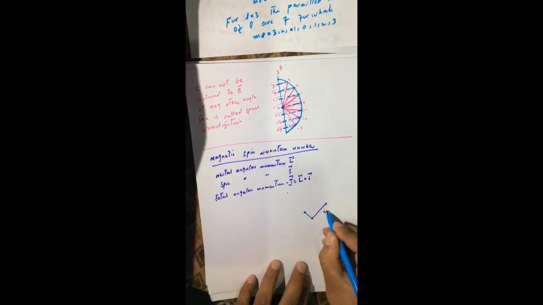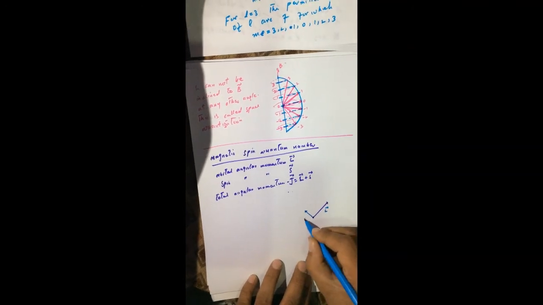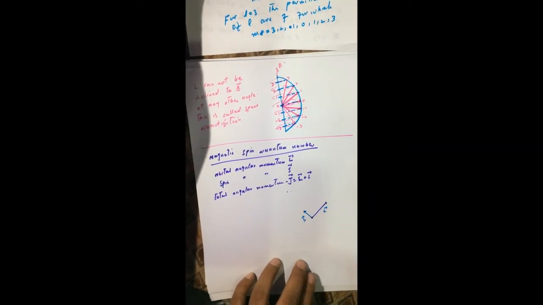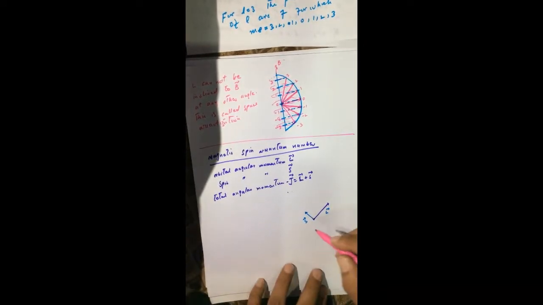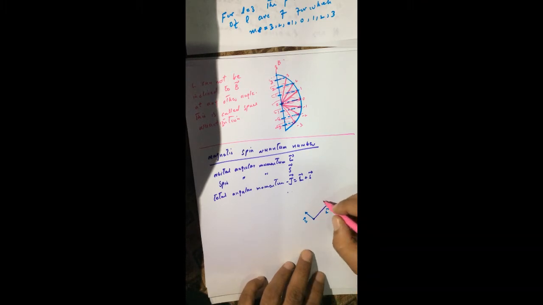This is orbital angular momentum and this is spin angular momentum. Their sum is total angular momentum. Their sum can be obtained by using the vector addition by head to tail rule. So this is the total angular momentum J.